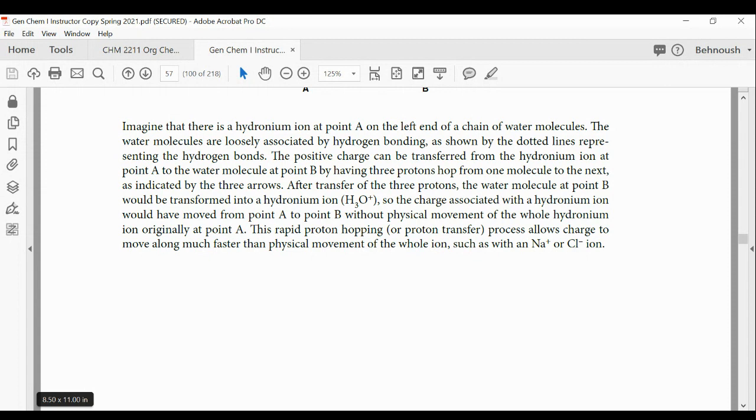I think it makes more sense that you get from the H2O, with the H2O losing H to the hydroxide ion. Basically, the hydroxide ion is a proton acceptor.